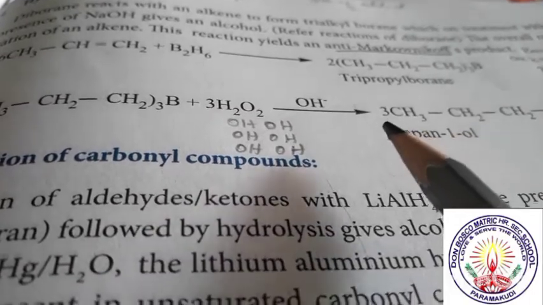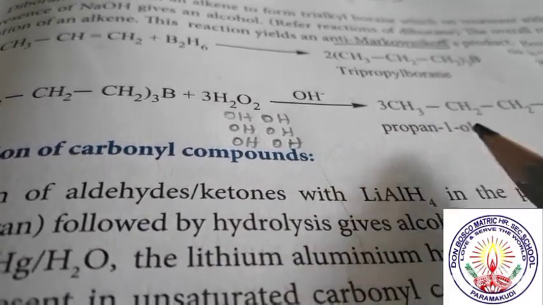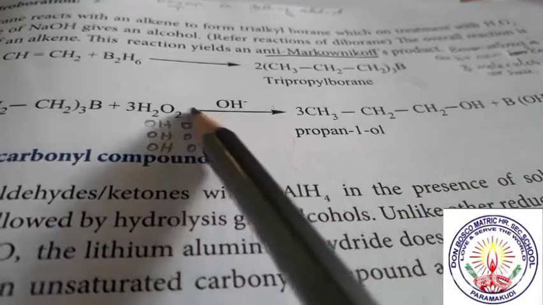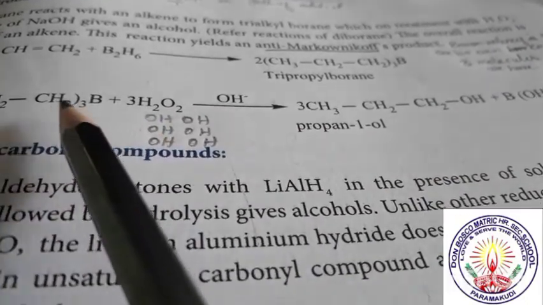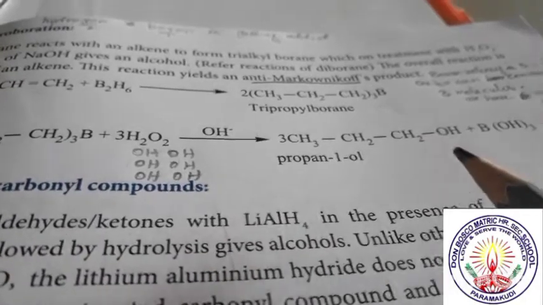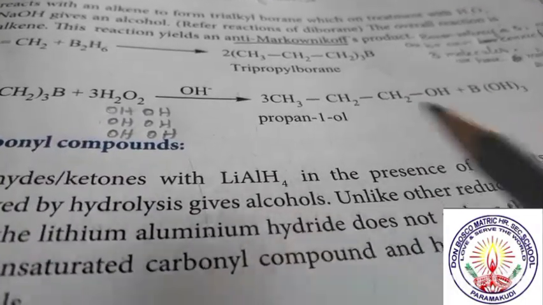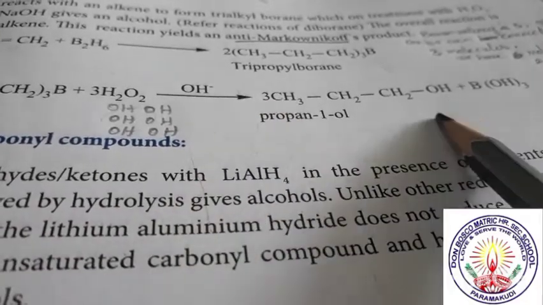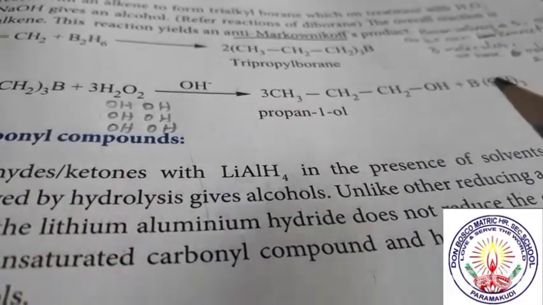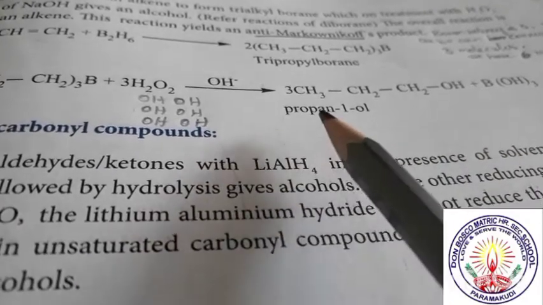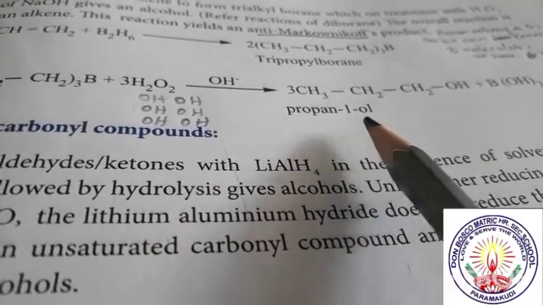So we are getting 3 CH3 CH2 CH2 OH. The 3 OH will combine with this, and the remaining 3 OH combine with boron. So 3 OH here and 3 OH with boron. So we got here propan-1-ol.